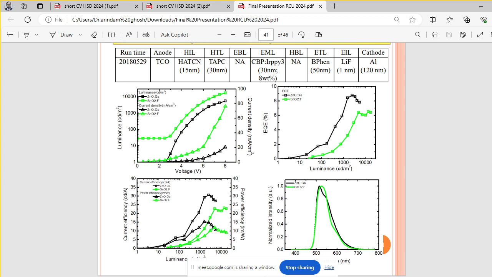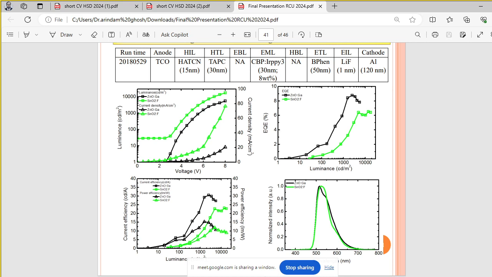From this figure, it can be clearly seen that two colors are given for the two types of samples and different parameters such as luminescence, current density, and external quantum efficiency. So it can be said that SnO2:F shows higher luminescence and higher current density compared to the other one.